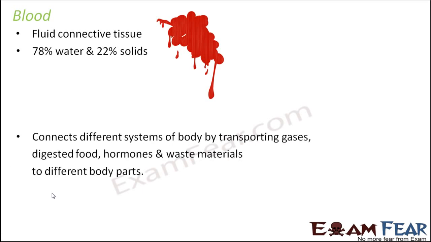It connects different systems of the body by transporting gases, digested food, hormones and waste materials to different body parts. So you understand why blood is a connective tissue, because it is trying to connect different parts of the body. For example, during digestion, the food is absorbed by the intestine, but that food is needed by all other cells of the body.